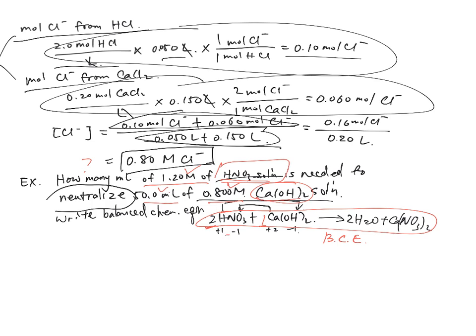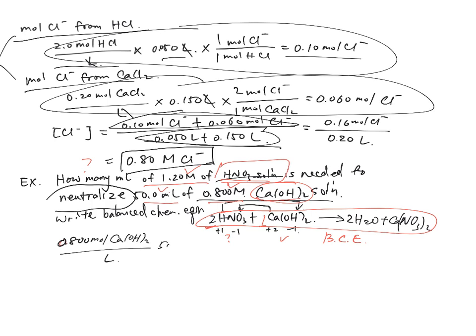Well, you want something about HNO3. Of course, you start from the thing that you do know more information on, the calcium hydroxide solution. So let's see. 0.800 molar means mole of the compound per liter of the solution. 50 milliliters, what can that do?